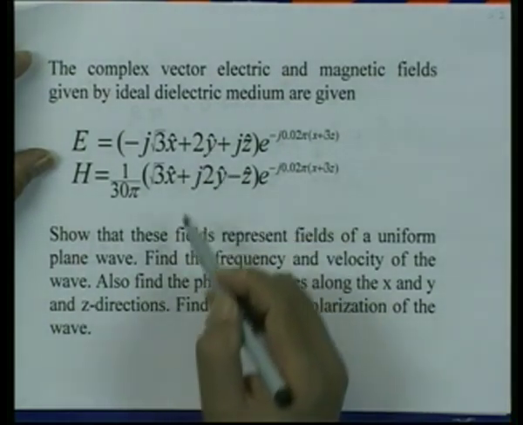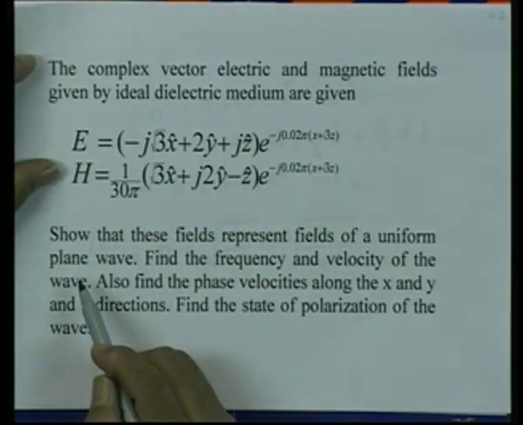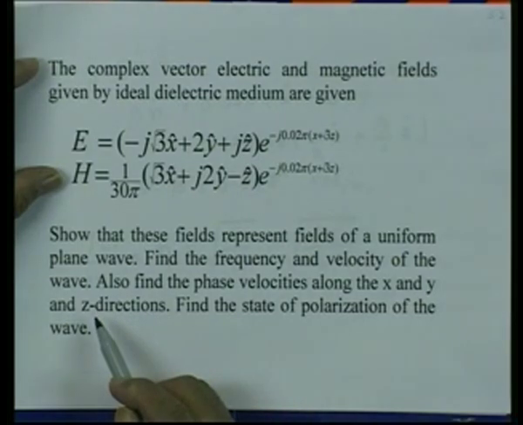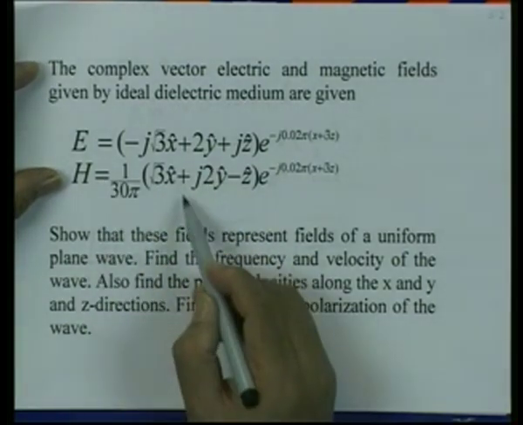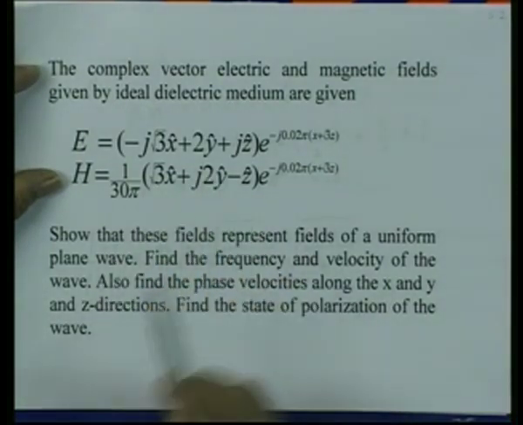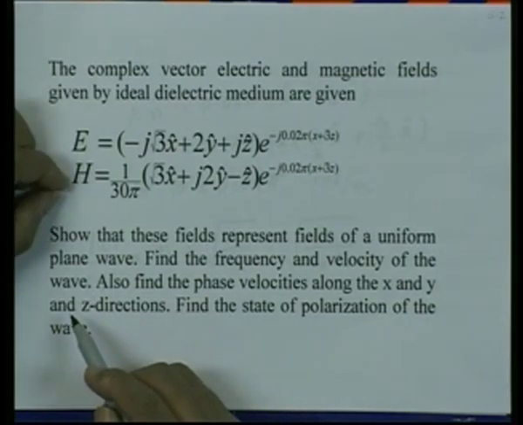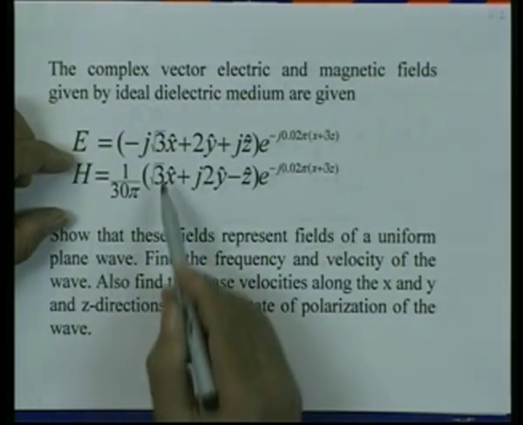So, if I take t equal to 0, essentially these two components will be 0 at that instant of time, because they are 90 degrees out of phase. At the same instant of time, if I take the magnetic field, this component will be 0, this will be 90 degrees out of phase. So, at t equal to 0, the electric and magnetic fields correspond to this term for the electric field and these two terms for the magnetic field.